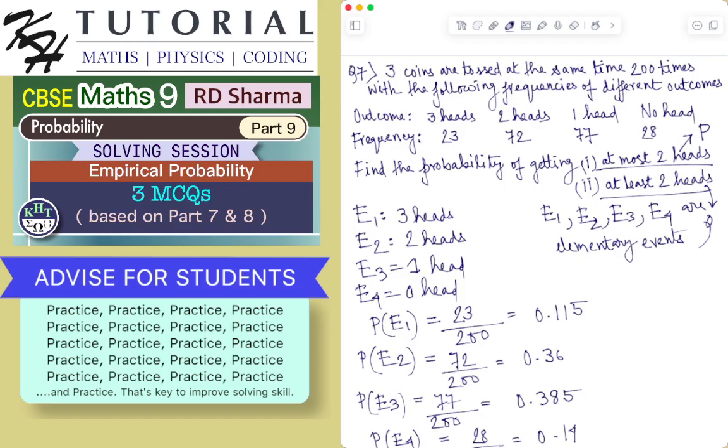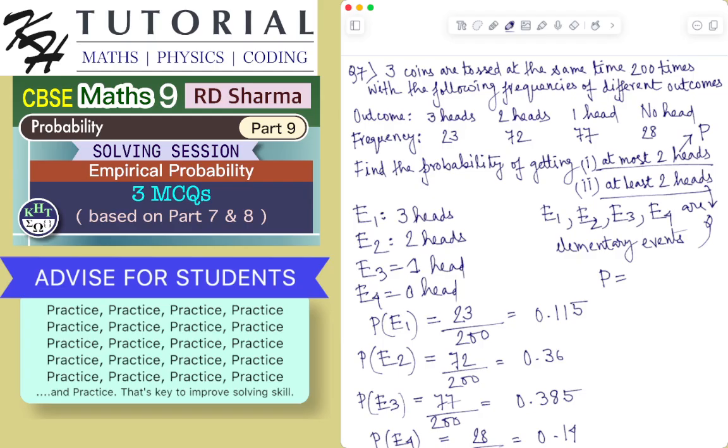So I have to understand how these compound events P and Q will be defined as the collection of the elementary events E1, E2, E3, E4.